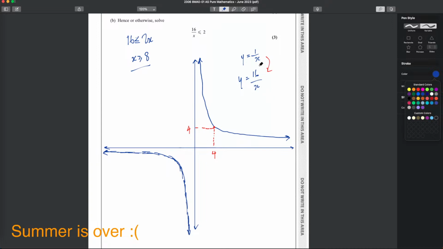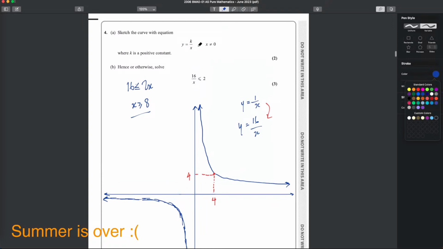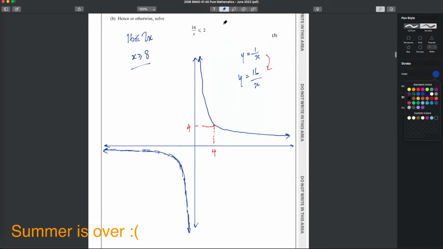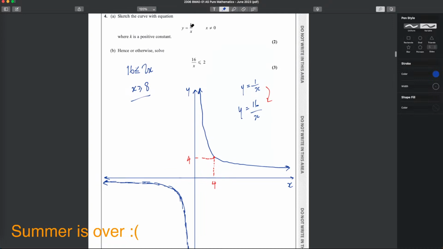What I'm trying to do, so in AS level mathematics you learn about graph sketching, and one of the graphs you need to learn to sketch is this reciprocal graph, y equals k over x, which has this general form, with two curves like this in the first and the third quadrants. So this is your x and y axis, and this is the general form of the graph k on x, which is called the reciprocal graph.